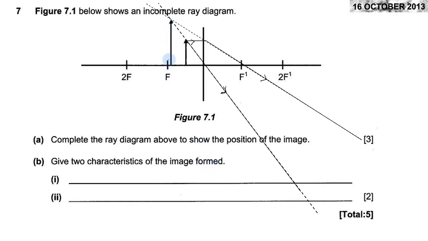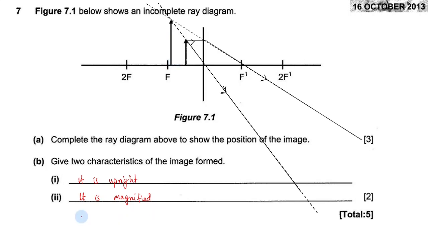Like this image formed here, the characteristics are that one, it is upright. So you say it is upright. And another characteristic is that it is bigger than this, so you say it is magnified. Then the other characteristic that we know is that it is virtual.